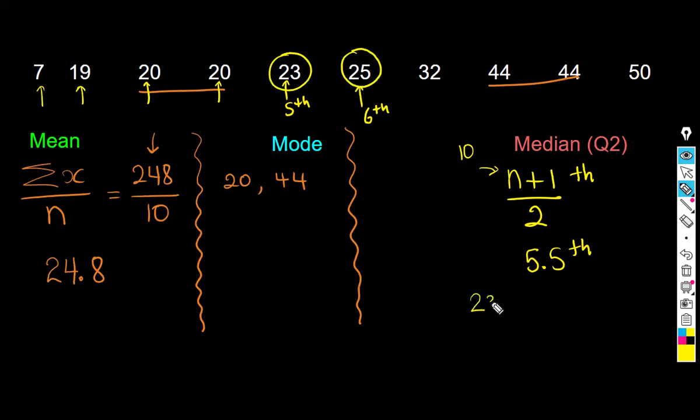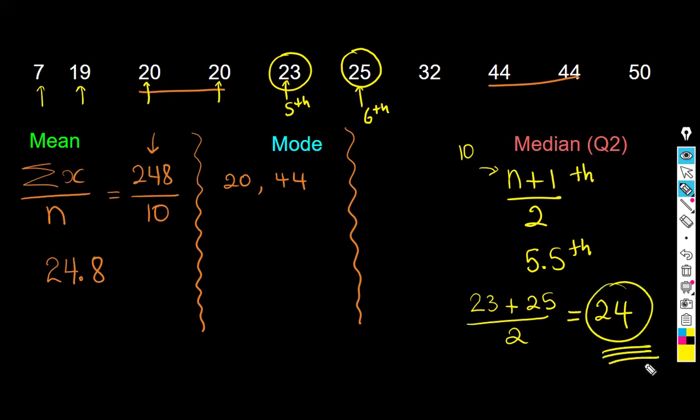So add 23 and 25 and divide it by 2. What will we get? 23 plus 25 divided by 2. Hey, we got a real nice number. Did we get 24? 24 is the median. Anybody can agree with that? I'm working out kind of fast. I hope I didn't make any mistakes.